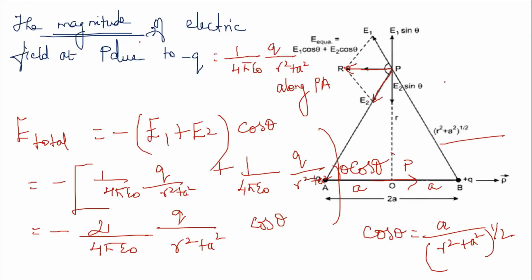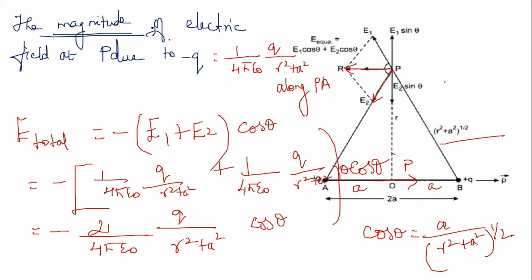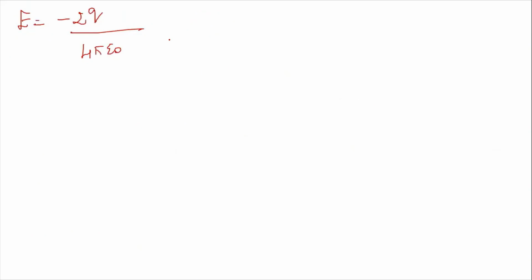Okay. So you will get it as E is equal to minus Q by 4 pi epsilon naught. So there is a 2, right? So the remaining will be R square plus A square and the cos theta value. Okay.